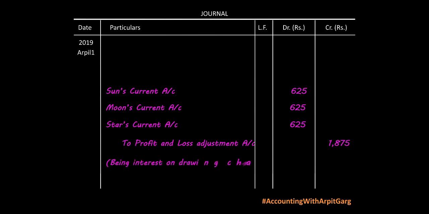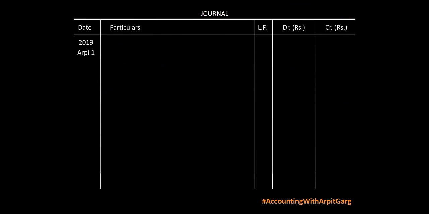Narration: being interest on drawing charged. That's it. Now we will find out the balancing figure of profit and loss adjustment account. So profit and loss adjustment account will show a debit balance of 55,625.